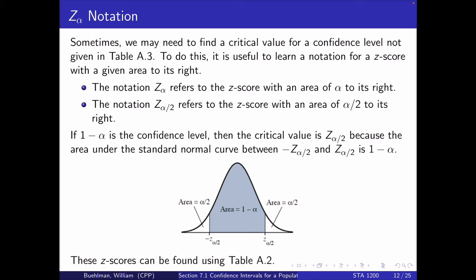That may seem confusing, but remember, we want the middle 95%, or whatever percentage, for the confidence interval. If I want 95%, that means my alpha is 5%, so I need 2.5% to the left and 2.5% to the right because I'm trying to get that middle 95%. That's what this is showing. You have the shaded area, which is your middle part, and then half of the remaining area that you don't want on each side. You can use table A2 to find these z-scores.